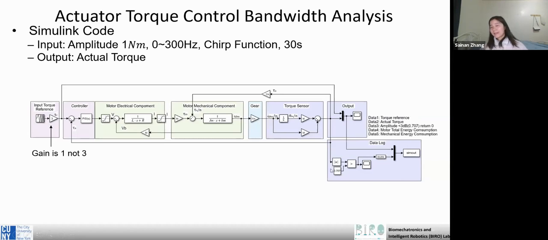They are used here. If the amplitude is more than 3 dB, it will return 0. And here, when I ran the code, we should set the gain at 1 Newton meter, not 3. So when you are programming, pay attention to this.